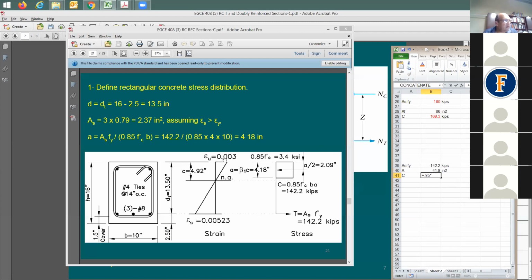Can you see it here, somewhere here? Is it 4 ksi? Yeah, 4 times what? How much is the area of the concrete that's exposed to this compression? It's your A value, so it's 4.18 times the width, 10. Excellent. Thank you.